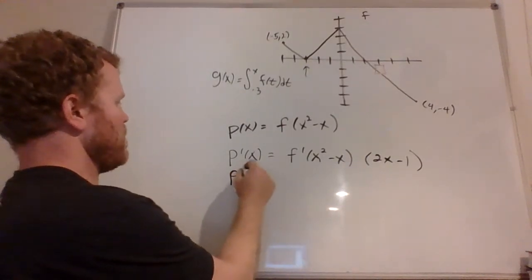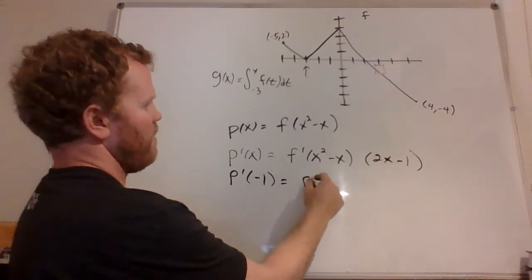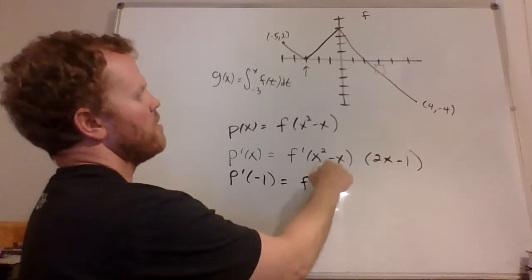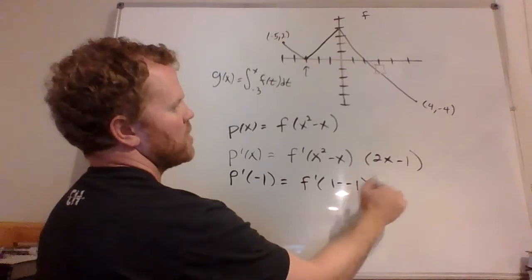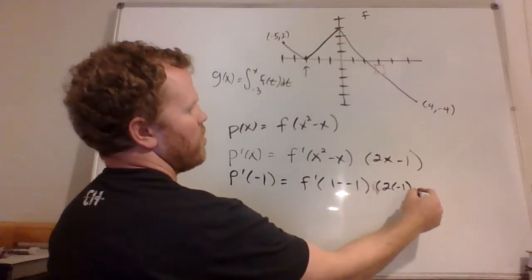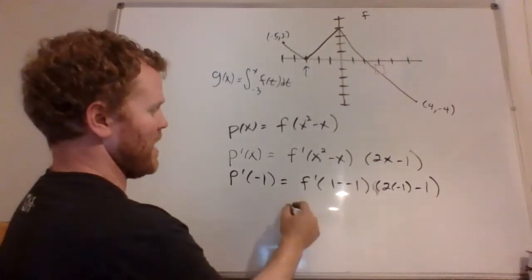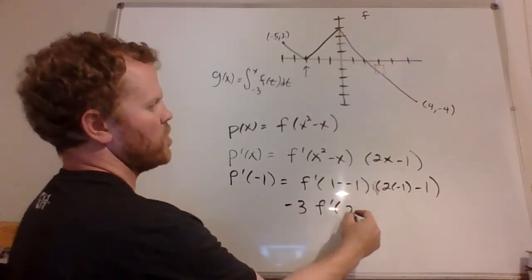So if we do p prime of negative 1, we're doing f prime of negative 1 squared, so 1 minus negative 1, times an extra 2 times negative 1 minus 1. So that's going to be negative 2 minus 1 more. That should be negative 3. I'm going to throw that in front, and then we need f prime of 2.